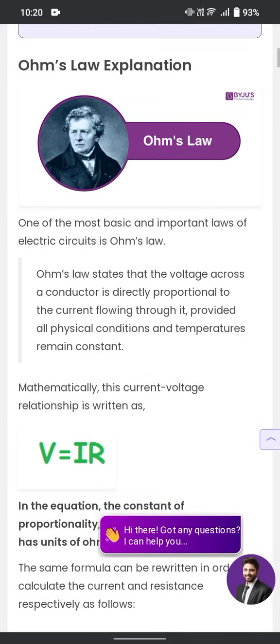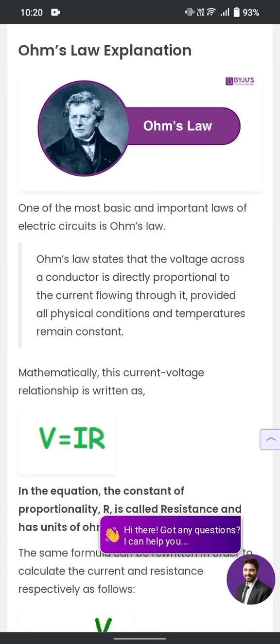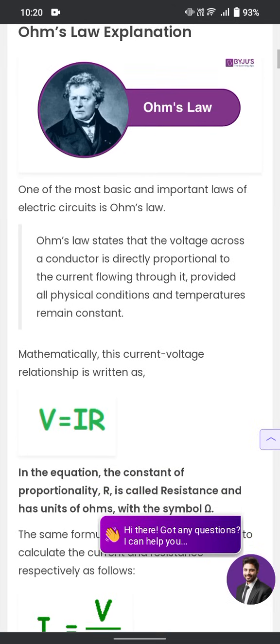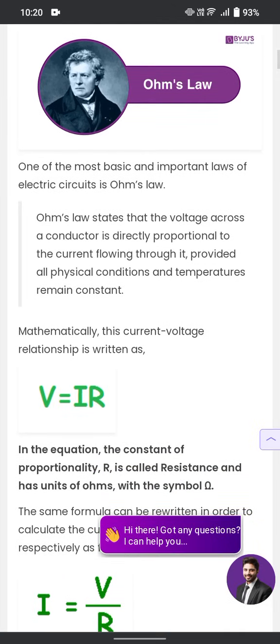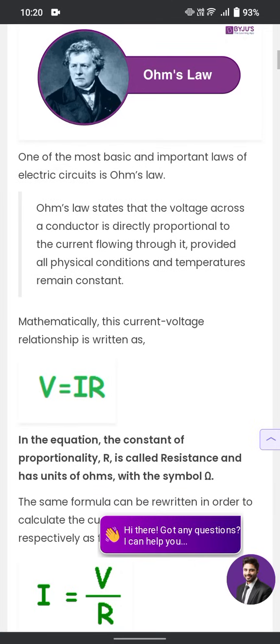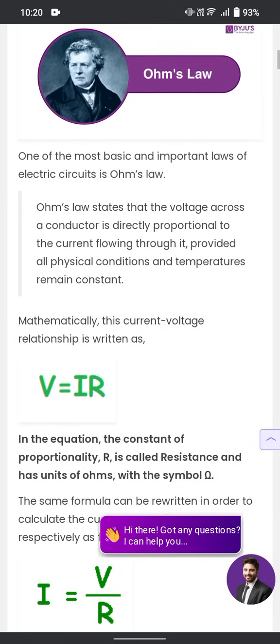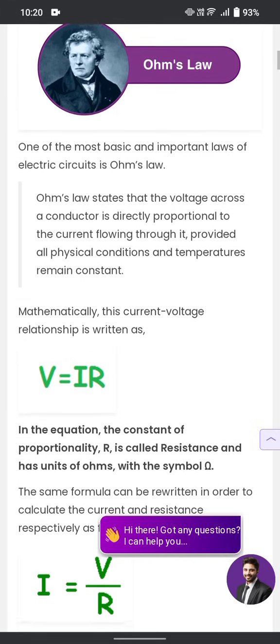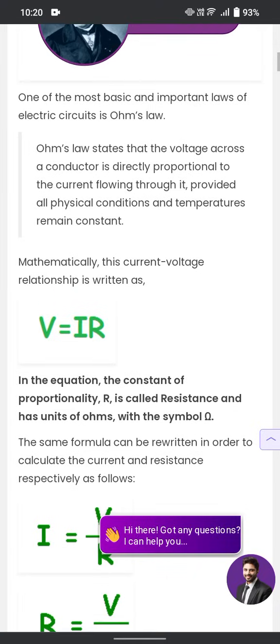Ohm's law explanation. One of the most basic and important laws of electric circuits is Ohm's law. Ohm's law states that the voltage across a conductor is directly proportional to the current flowing through it, provided all physical conditions and temperature remain constant.